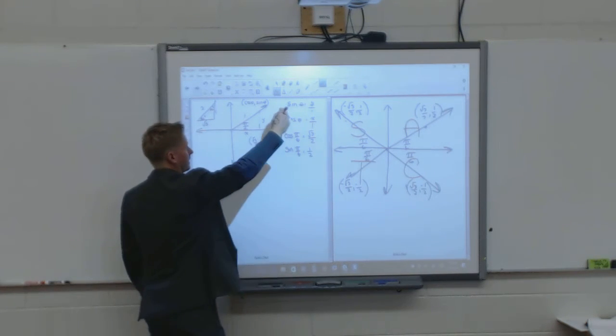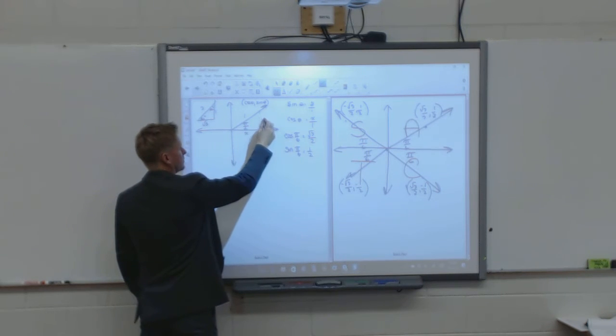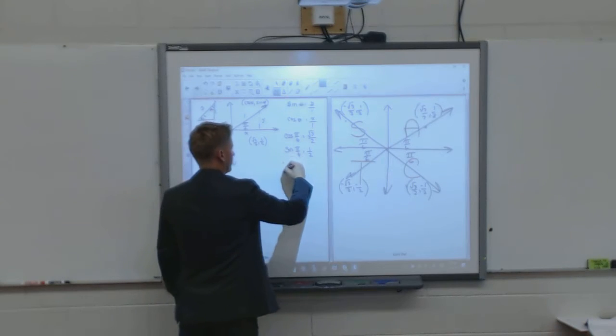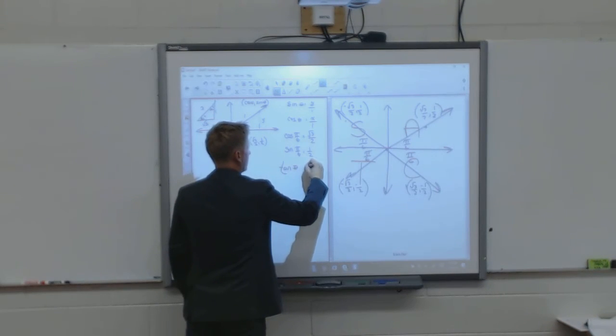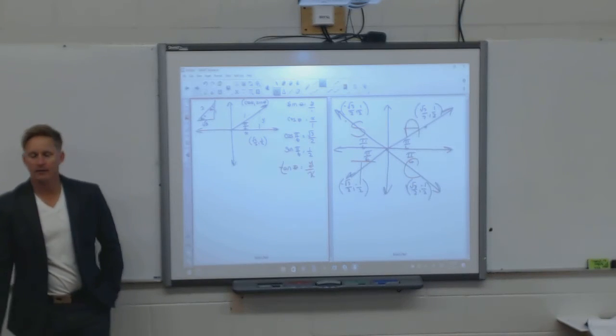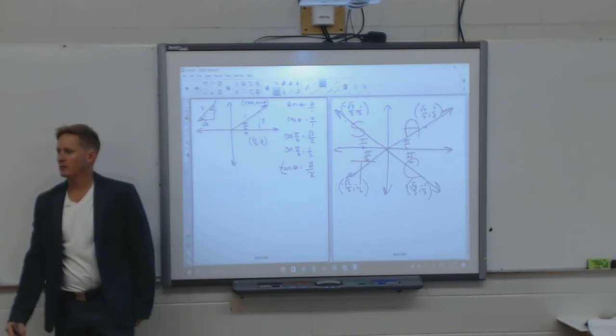Well, let's go back up here. We said that the sine of pi over 6 was y over 1, and the cos was x over 1. What is the tan? Y over x, which means sine over cos.